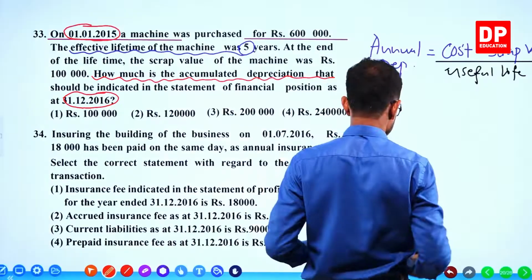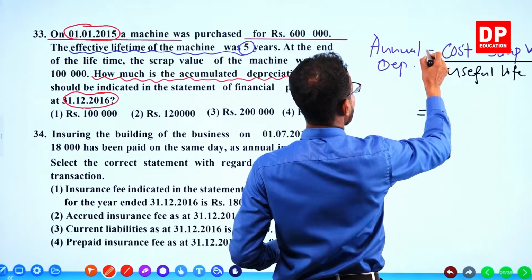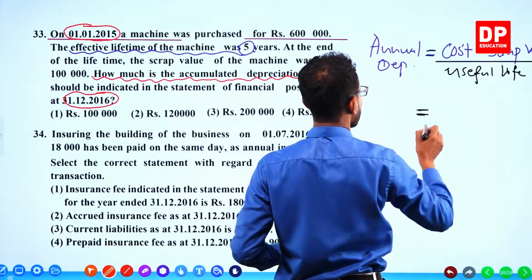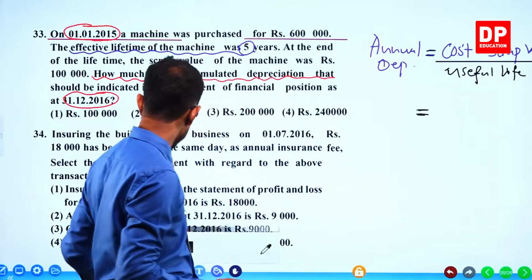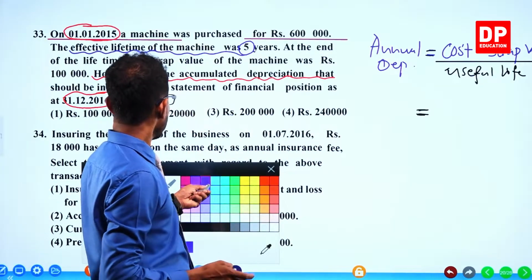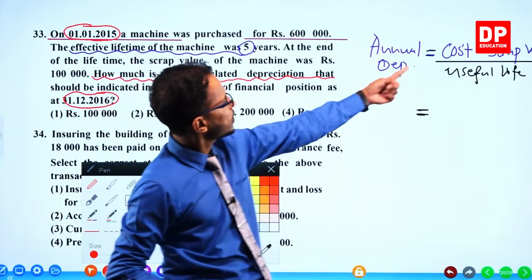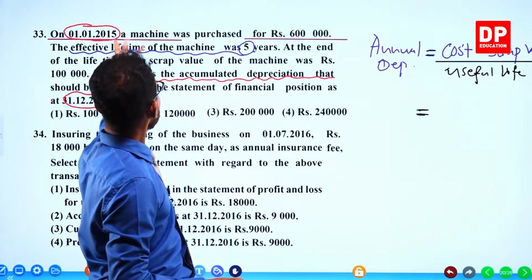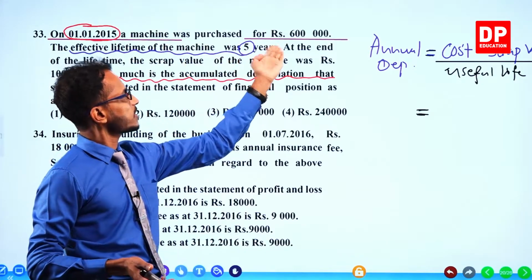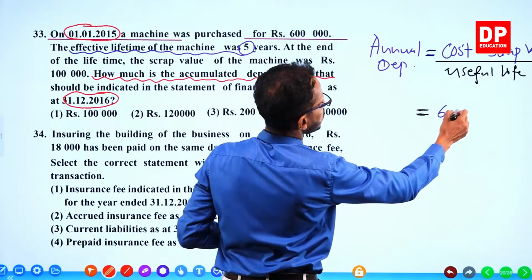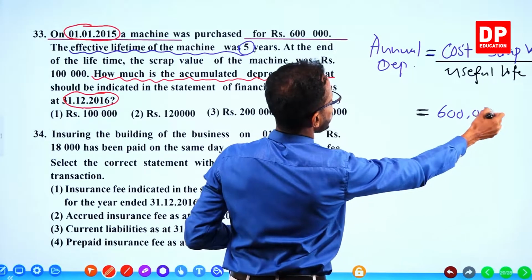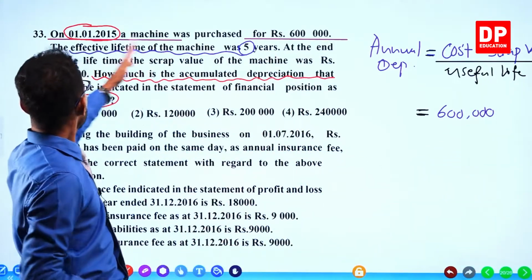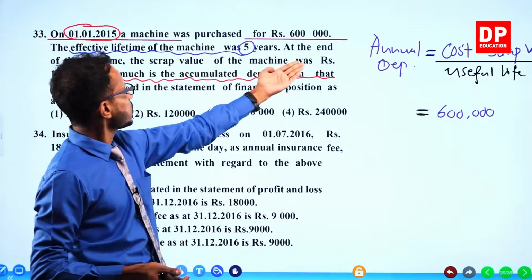Okay, so now we can apply the given figures. What are the given figures? Do we know the cost of the machine? We know the cost of the machine, right? On 1st January 2015, a machine was purchased for 600,000. Cost is 600,000. Do we know the scrap value? Yes, at the end of the lifetime, scrap value is 100,000.